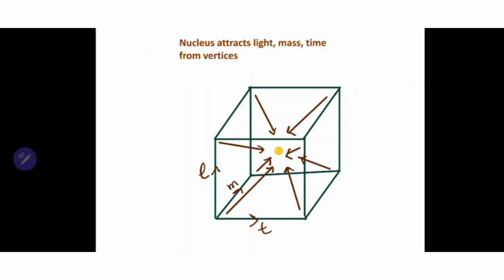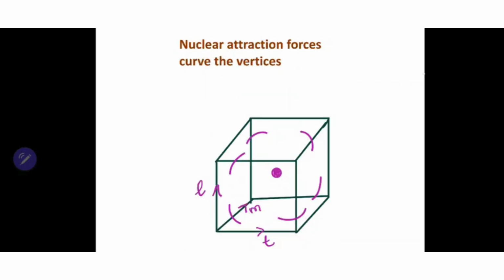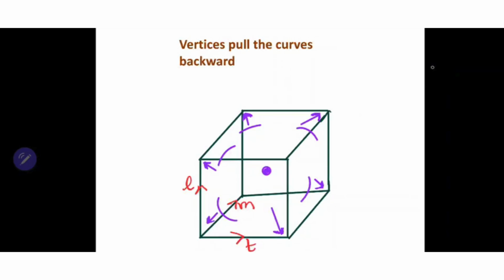When the nucleus attracts all 8 vertices, each vertex is curved, and now the universe tries to maintain the force cube unchanged. Then another force starts acting at each vertex.